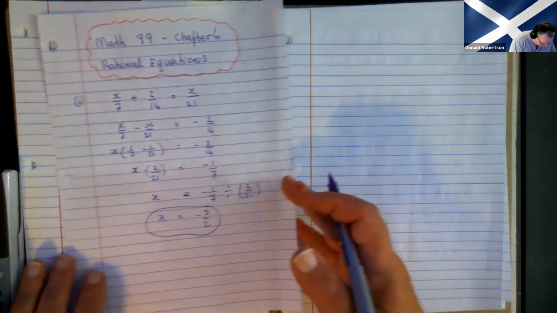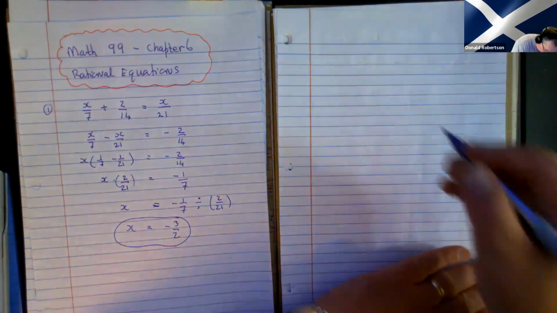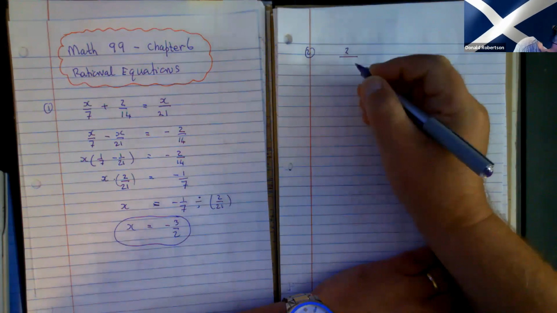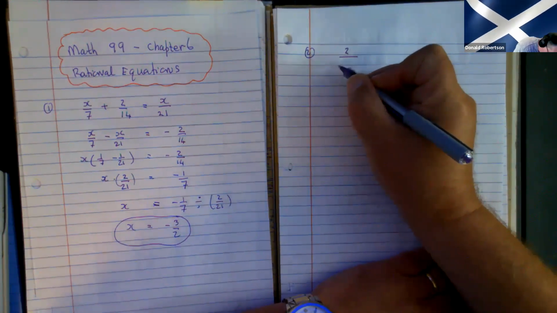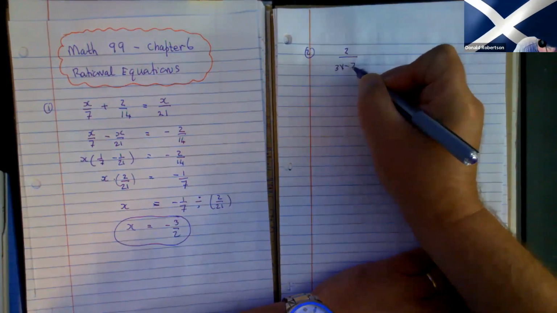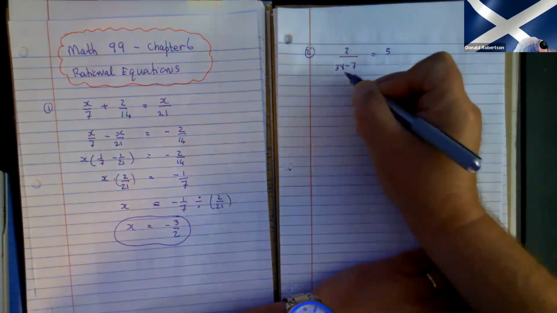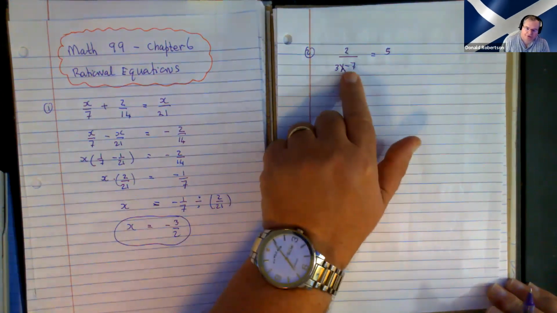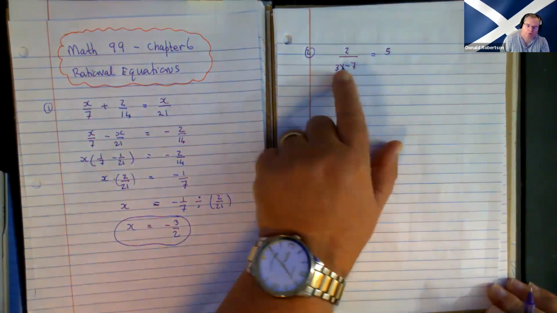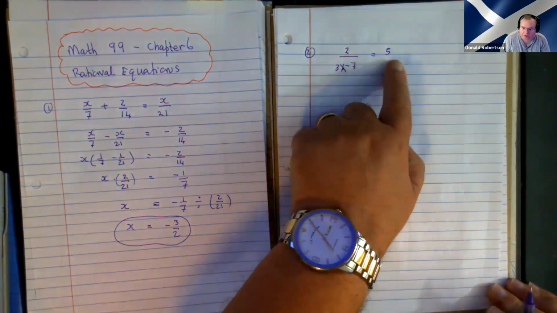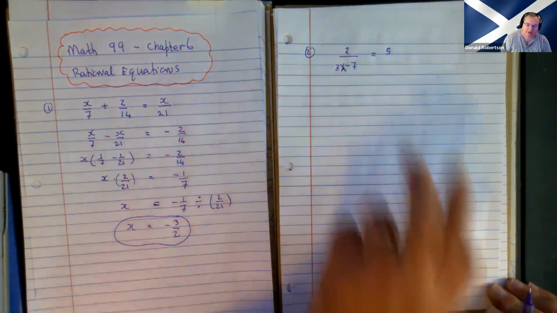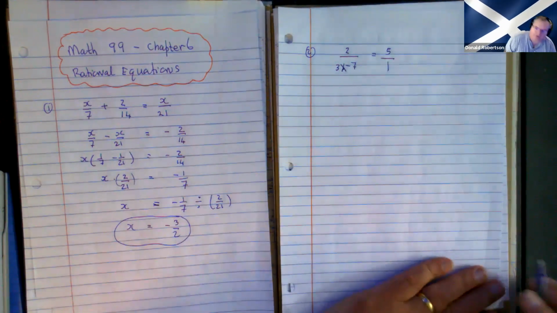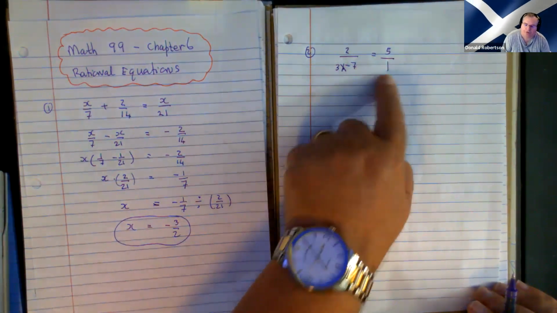Now, the next kind of question is going to have a little combination of 2 over 3x take away 7 equals 5. Now, if you have a single fraction equal a number, or a single fraction equal another fraction, what you can do is rewrite this guy as 5 over 1, so you now have two fractions.